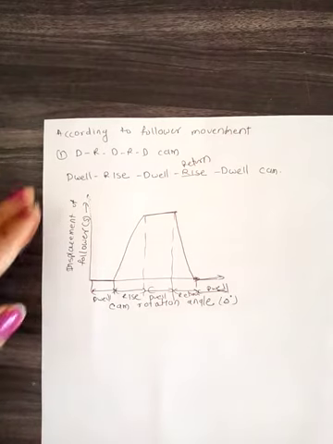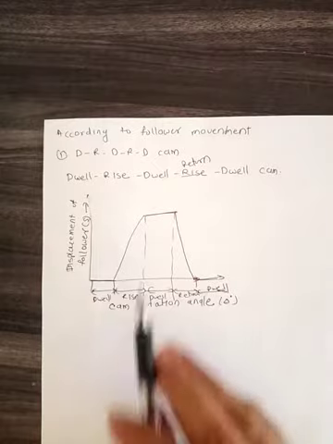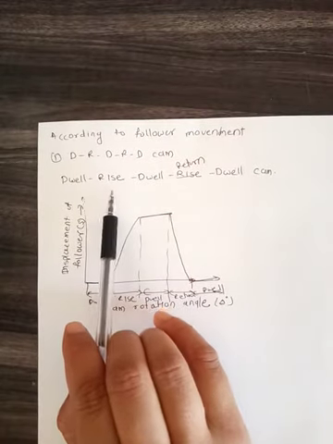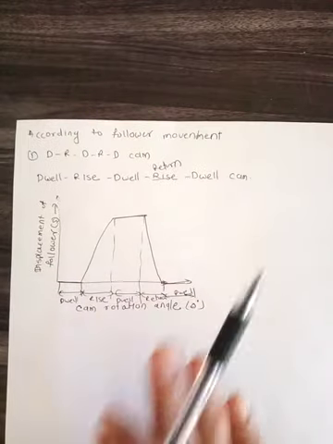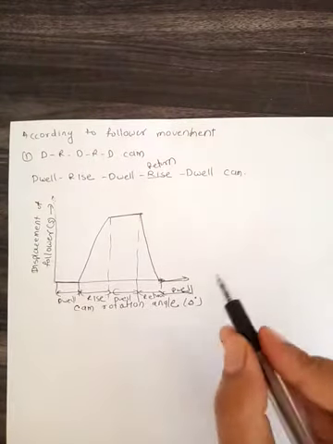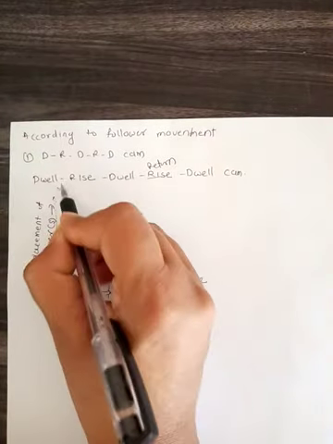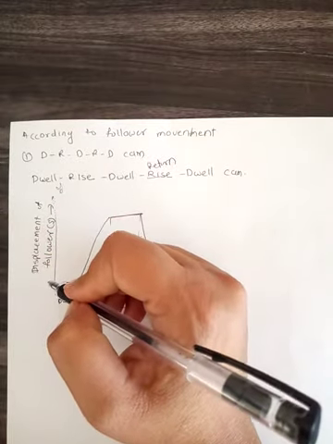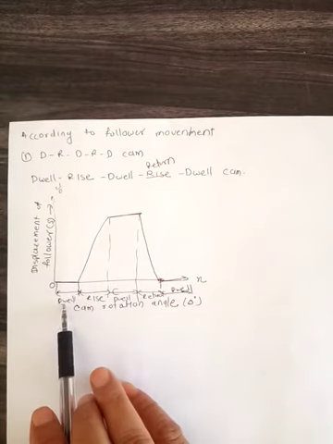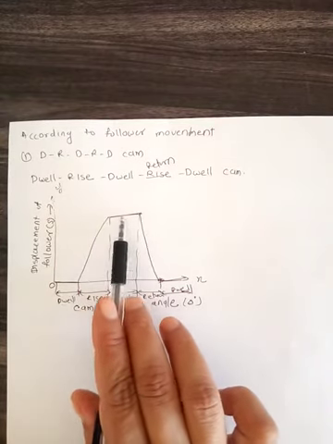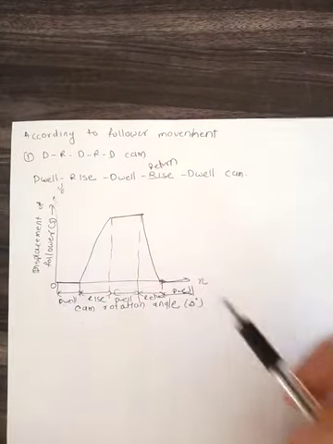This is according to the follower movement: dwell, rise, dwell, return, dwell cam. The x-axis is the cam rotation angle theta, and the y-axis is the displacement of the follower. Dwell means the velocity remains constant, and then the return and again dwell.